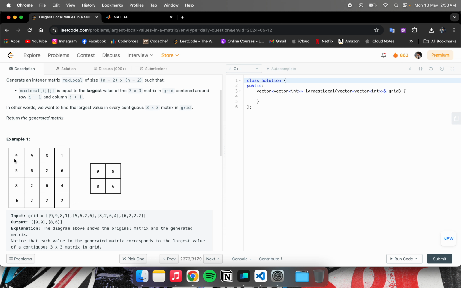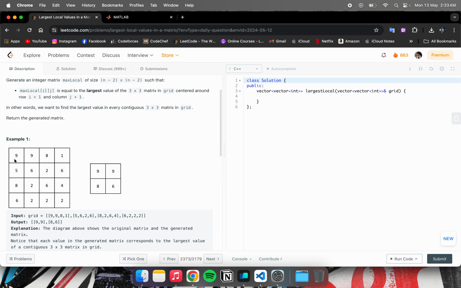So for example, in this we have been given, I guess, a 4 cross 4 matrix. So here we can form two 3 cross 3 matrices. No, not two, four 3 cross 3 matrices. One is this, another one is this, another one is this, and another one is this.